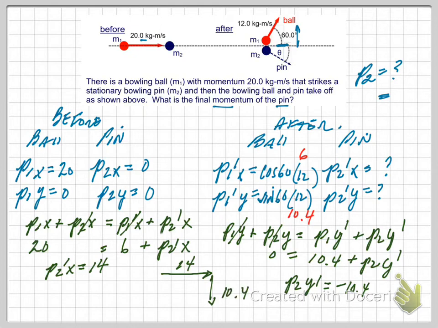So we can easily solve for the resultant momentum vector by using Pythagorean, and we would have the final momentum for 2 is going to equal the square root of 14 squared plus 10.4 squared.